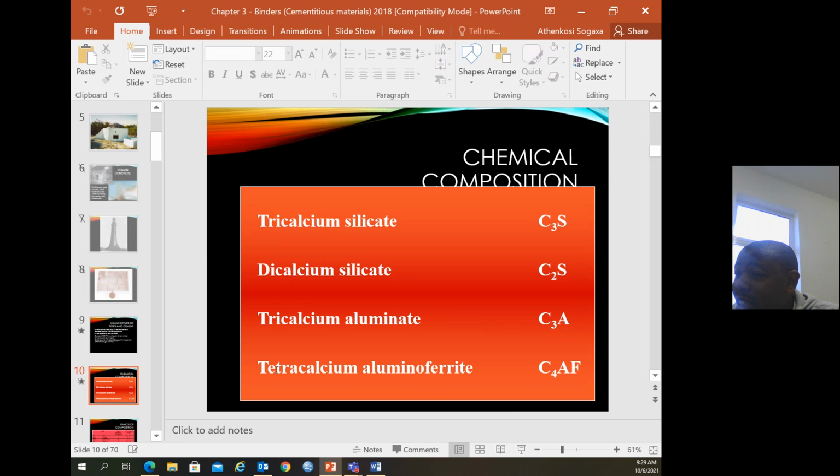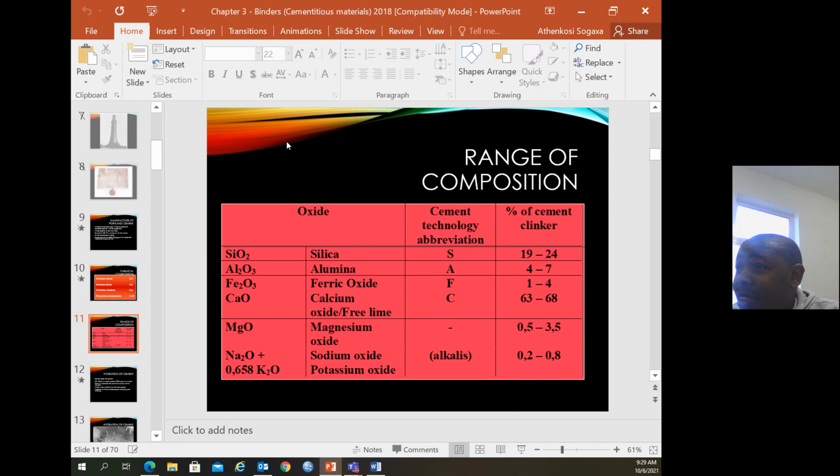And you have tetracalcium aluminium ferrite, which is C4AF. So these are the abbreviations that you might be asked about. There's also a range of composite oxides. You have SiO2, that's a silicate.